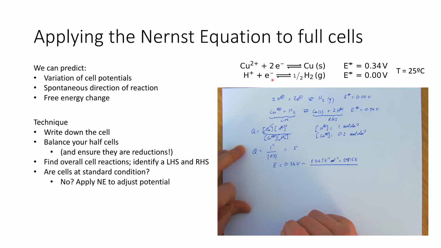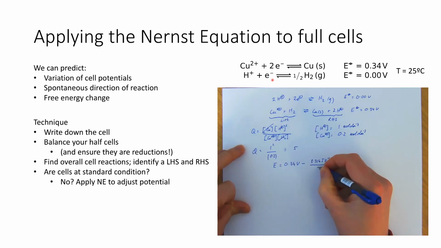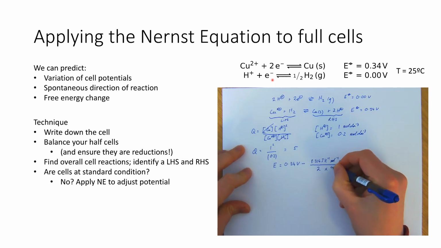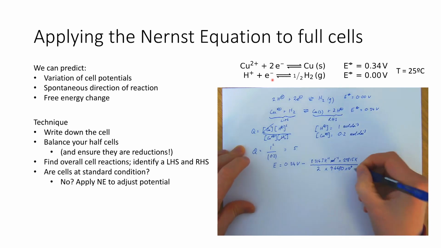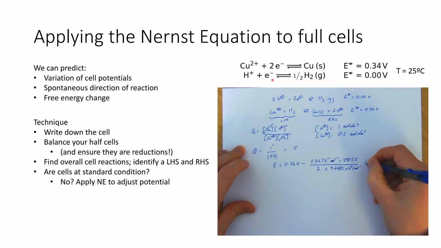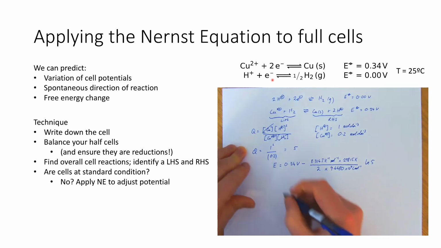Divide that by nF, so the number of electrons from here, we've got 2 electrons, 2 electrons times the Faraday constant, which is 9.6480 times 10 to the 4 coulombs per mole, and we multiply that by log 5. Okay, let's do some quick approximating.